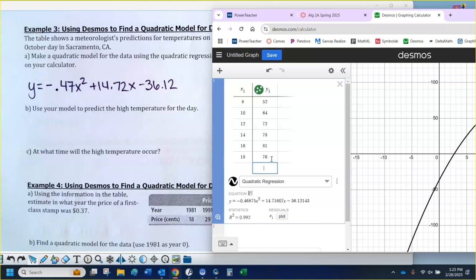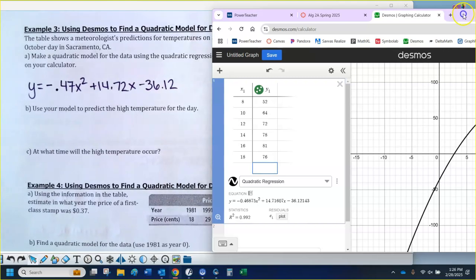Okay, now the question right under that, after you got that data in, it says use your model to predict the high temperature for the day. Now, that doesn't have to match the data values that we put in, and it actually won't here. So let me show you how to do this real quick.